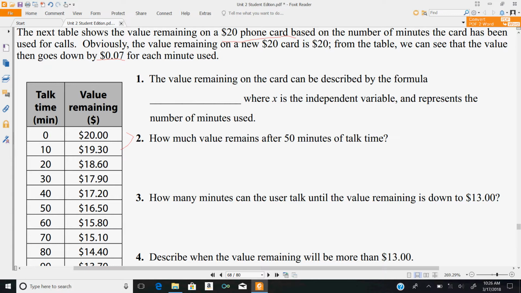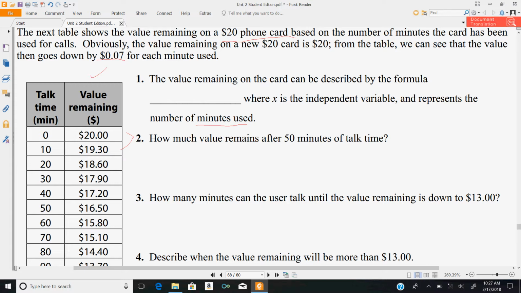Question 1 says the value remaining on the card, so the right-hand column in the table, can be described by the formula. So we have to write a formula where x is the independent variable and represents the number of minutes used. Formulas tell us how to calculate.